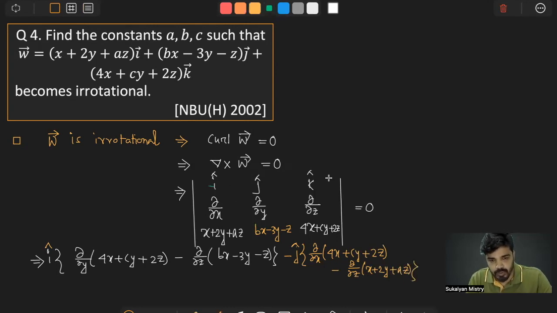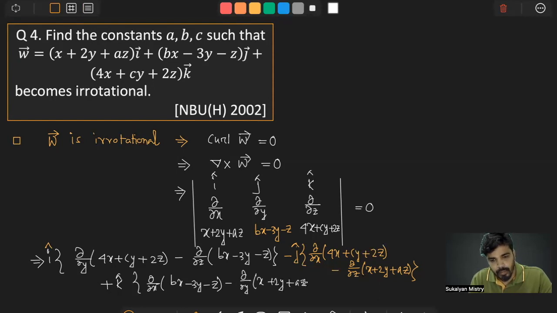Okay, now we expand with respect to k: del x into bx minus 3y minus z, minus del y into x plus 2y plus az. So that is equal to 0.